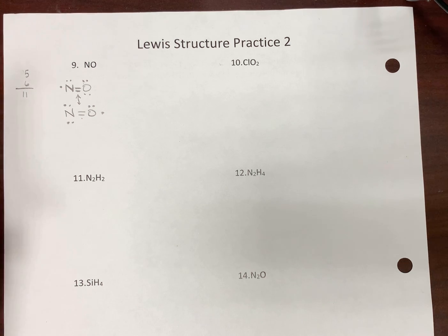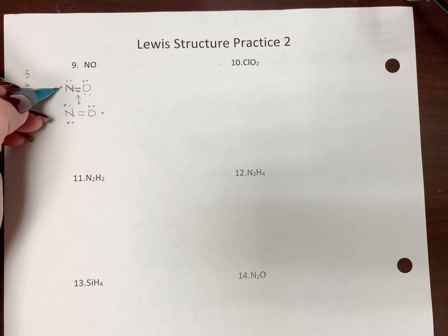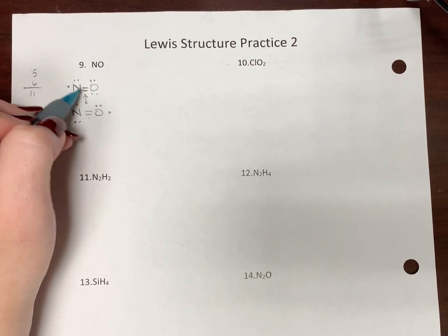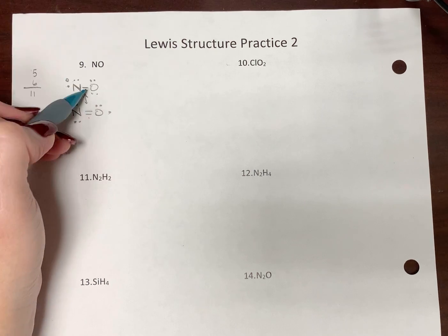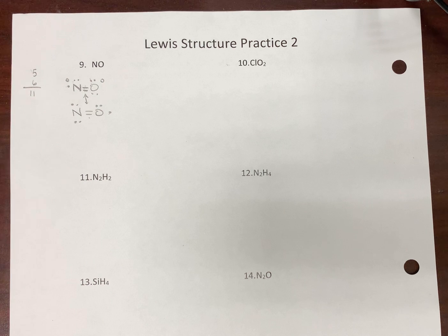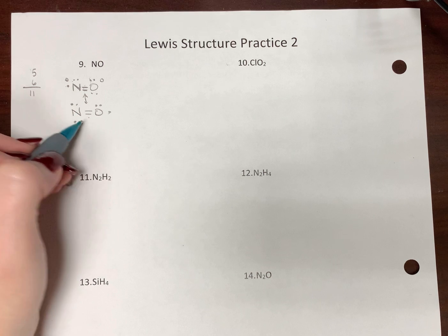Don't get me wrong, they're both terrible and they're both highly reactive because you have an unpaired electron and it really doesn't like it. But formal charge wise, 1, 2, 3, 4, 5, so nitrogen is 0. Oxygen, 1, 2, 3, 4, 5, 6, oxygen is also 0. Isn't that interesting? How about over here?